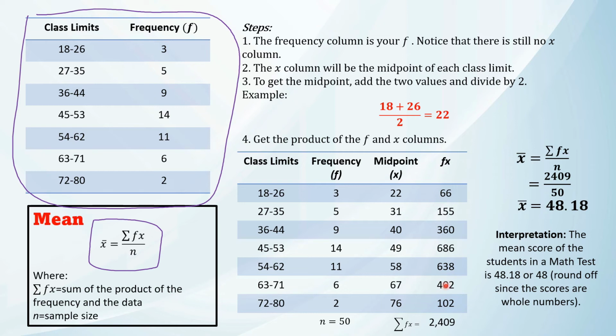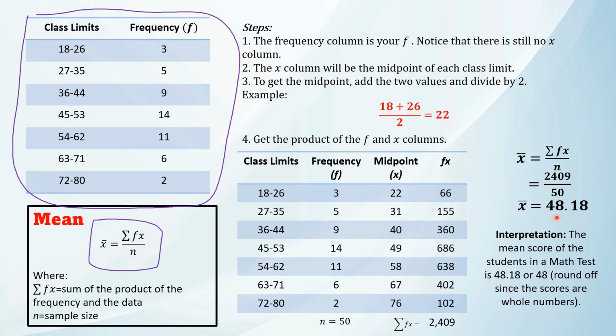Now, let's get the summation of f of x. You will just add these: 66 plus 155 plus 360 plus 686 plus 638 plus 402 plus 102, we have 2,409. This summation of f of x can be substituted into the formula. So we have 2,409 divided by n, which is 50.